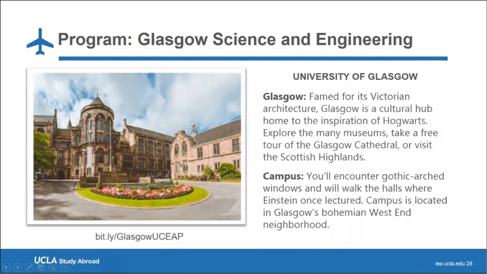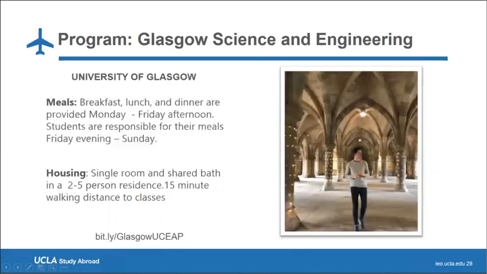The campus itself is very famously known for its Gothic arched windows and hallways. This is a hallway where Einstein once lectured, so I think that's a very fun fact. The campus is located within Glasgow's Bohemian West End neighborhood, to put it in perspective on where you will be.